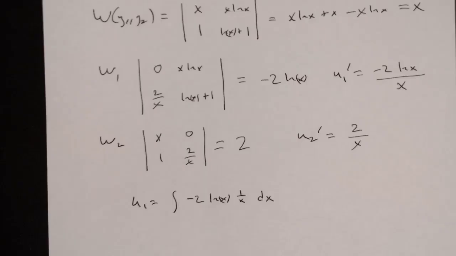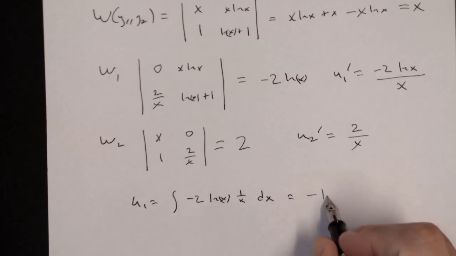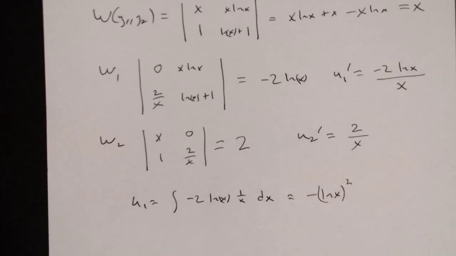Because then, this is a u sub. U equals ln of x, du is 1 over x dx, so I get minus u squared, or minus ln of x, all squared. I don't need a plus c. U2 is the integral of 2 over x dx, which is just 2 ln of x.